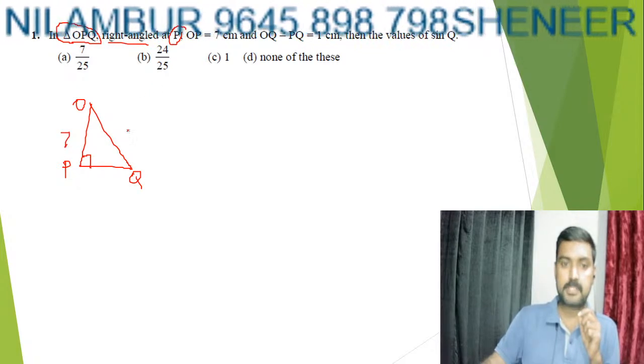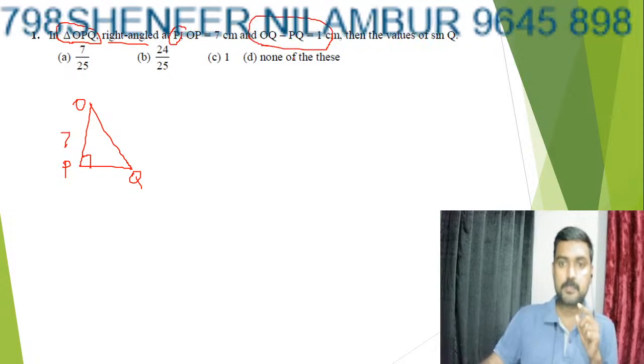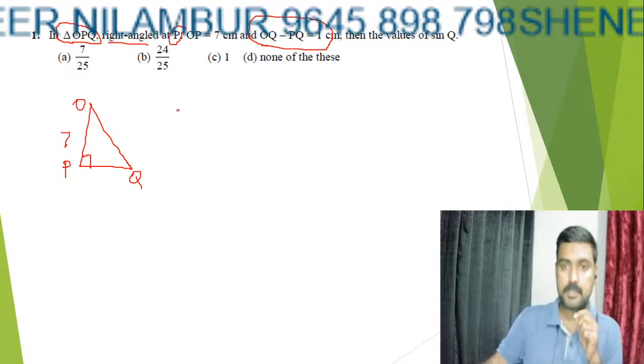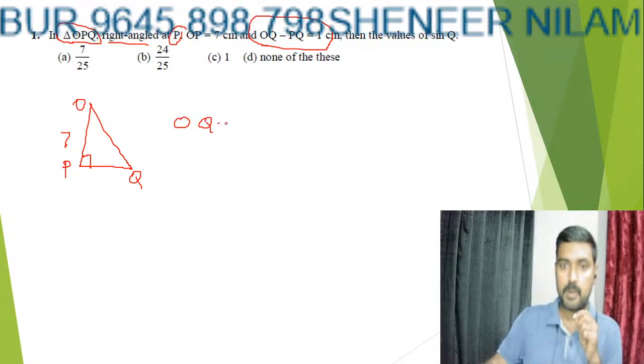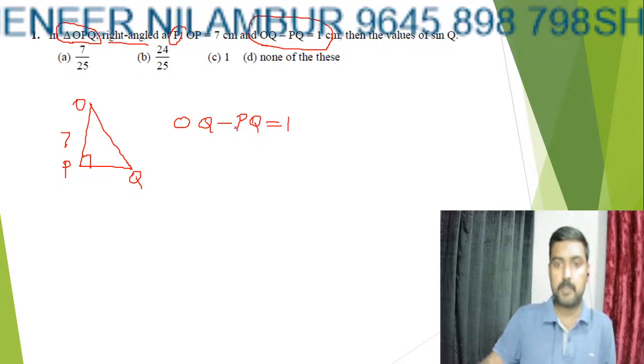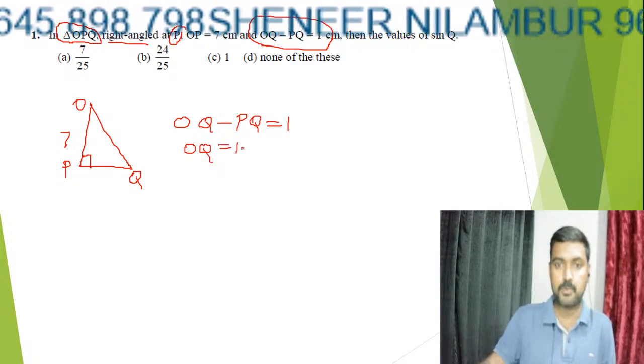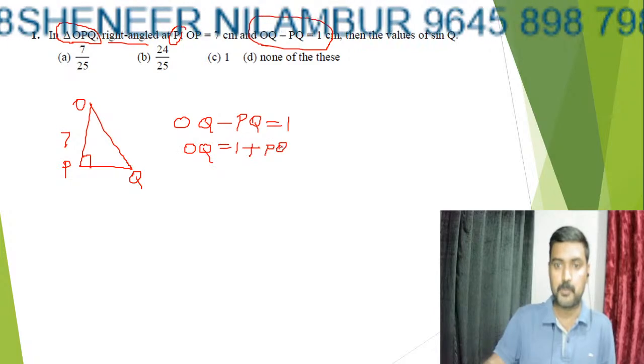There is a condition OQ minus PQ is equal to 1. Transposing PQ to the right side, we get OQ is equal to 1 plus PQ.